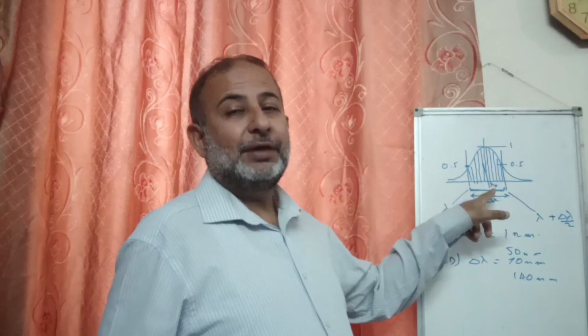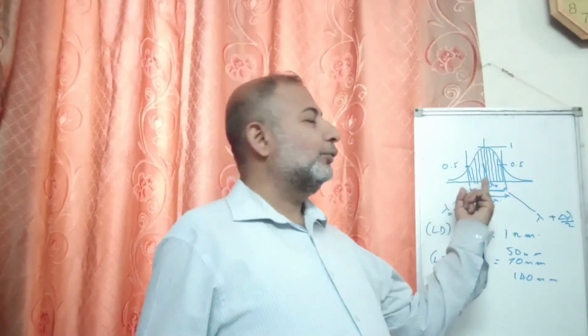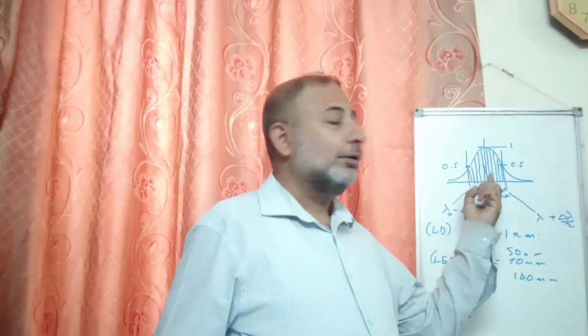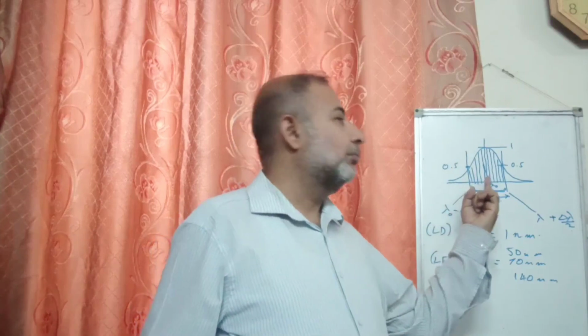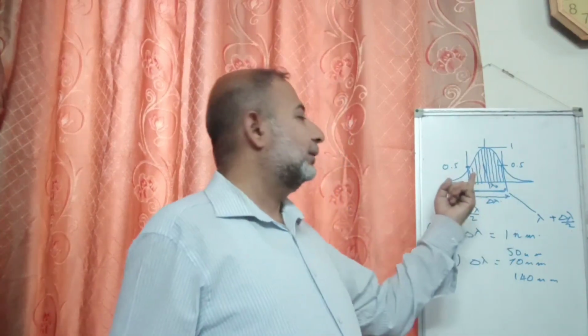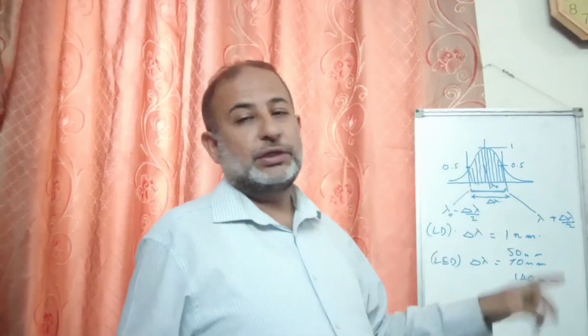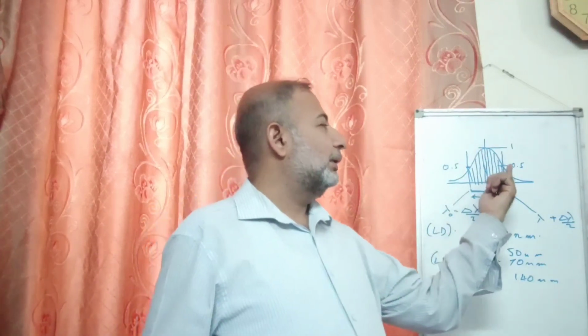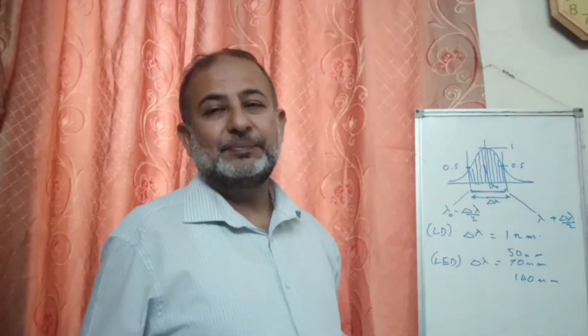At this wavelength, the intensity is the maximum. As we move forward or in the reverse direction, that is toward more wavelength or lesser wavelength, the intensity reduces until it comes to 0.5 times the maximum.